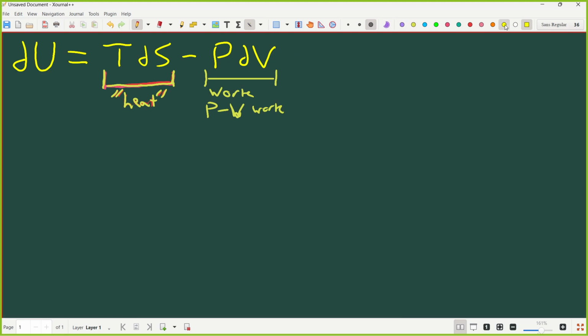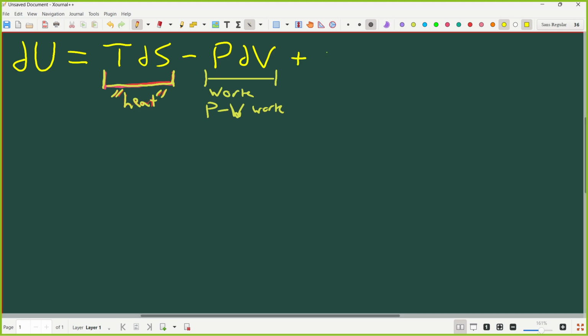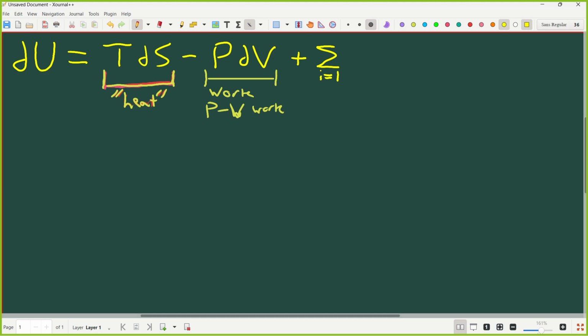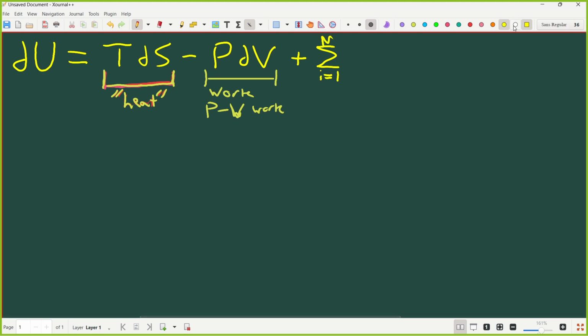And then we're left with the remainder, which is the chemical part, right? Which is a sum over all the components of your gas. If we have air, there's nitrogen, oxygen, carbon dioxide, argon, and so on. There might be N components of your gas.